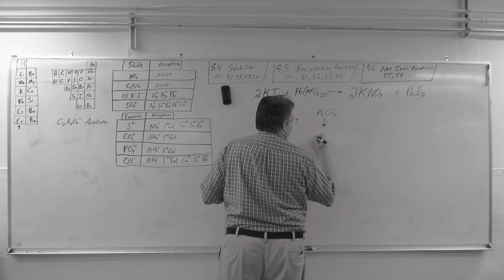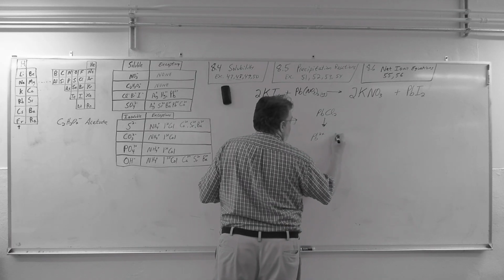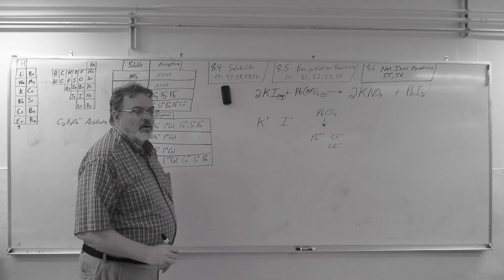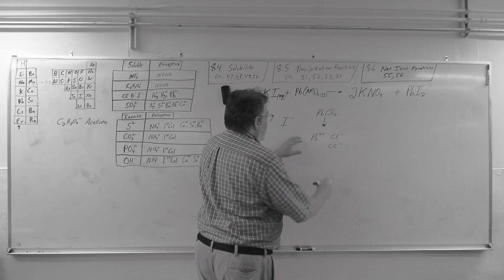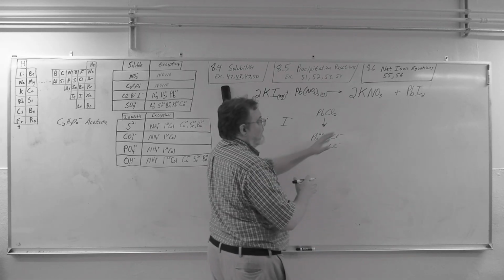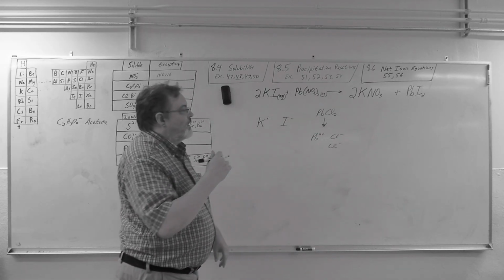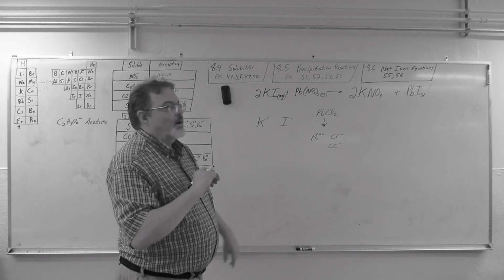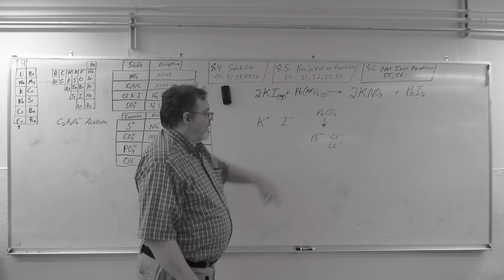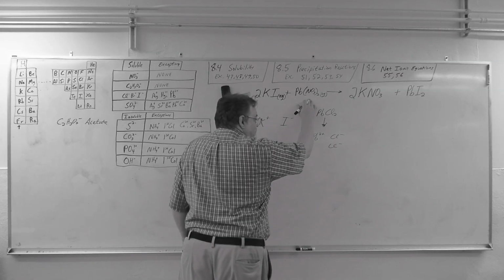That's not soluble. It's not going to do this. That's not going to come apart like that in water. It's going to stay together. And we need the ions to come apart so we can rearrange them. So you want both of those to be, yes. Both of these need to be soluble for this reaction to even occur. So you check that first.